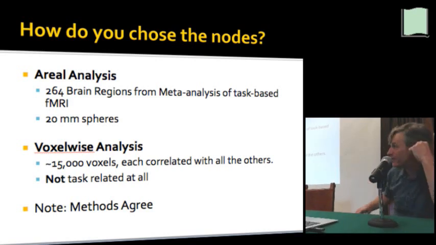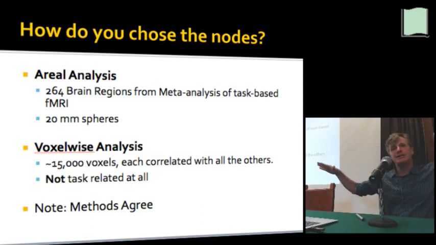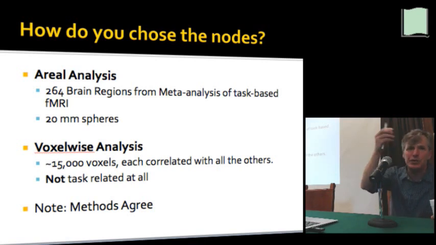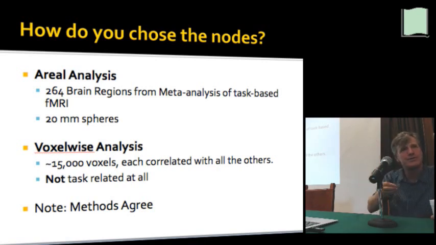The other thing that you can do is to start with the meta-analysis of task-based functional magnetic resonance imaging, and to identify 264 brain regions that we think are likely to be important brain regions. And then we can measure that fluctuation in the BOLD signal in those brain regions, and we can map 264 nodes to 264 nodes. Working this way is obviously computationally much less demanding than working this way.